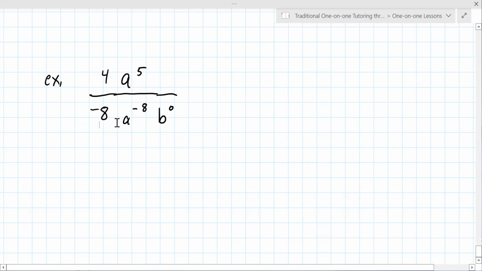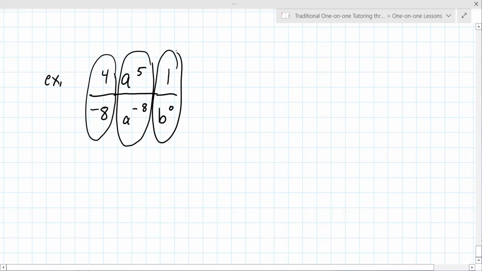All right, so when you look at a problem like this, you really want to break it up into 3 separate problems: 4 over -8, a to the 5th over a to the -8, and then put a 1 up here, 1 over b to the 0. So you just work them individually.